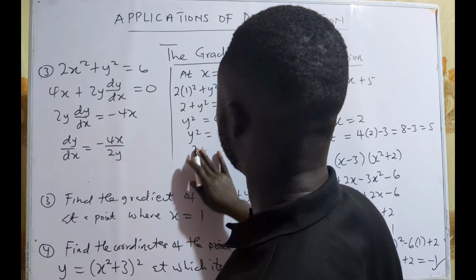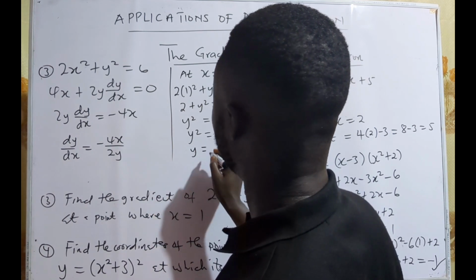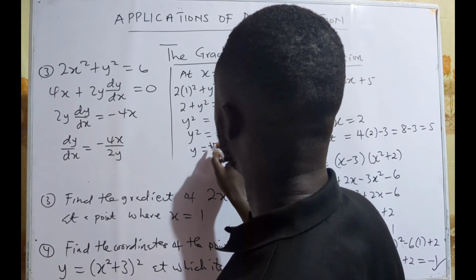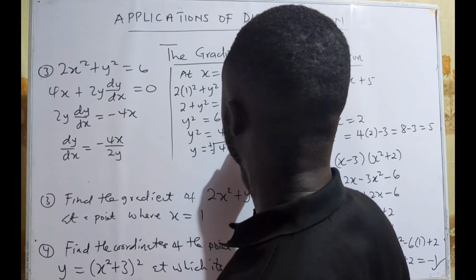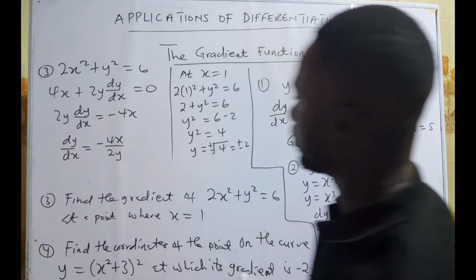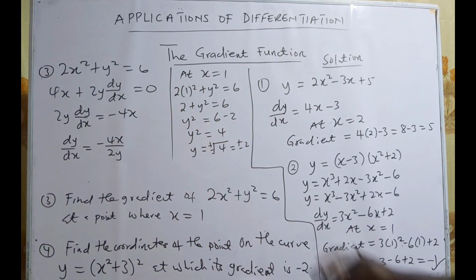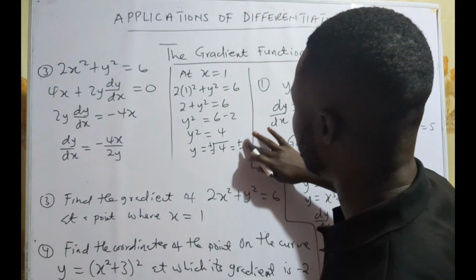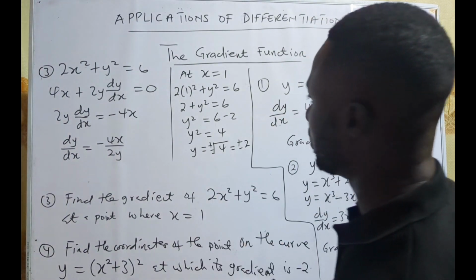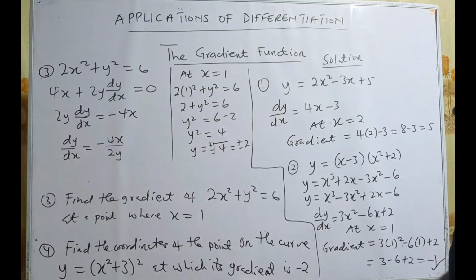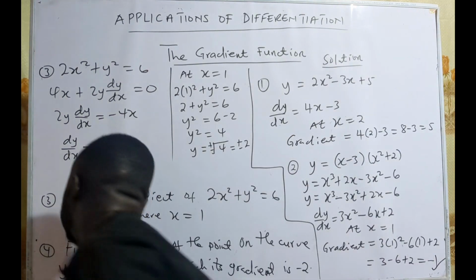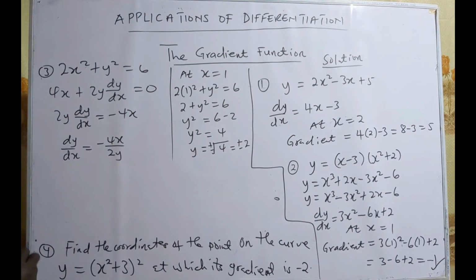My y will be the square root of 4, which is plus or minus 2. So my y can be positive 2 or negative 2. We have two values of y.